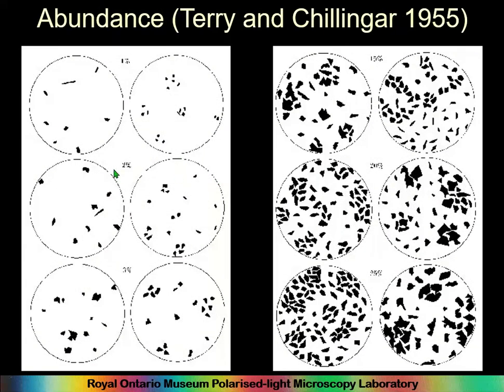The thing about the abundance charts is that once I had done all of that work, counting 1,000 points, my head of department would look at the thin section down the microscope and compare it to an abundance chart to make sure I got it right. He wasn't checking that I'd done it. The problem is the difference between precision and accuracy.